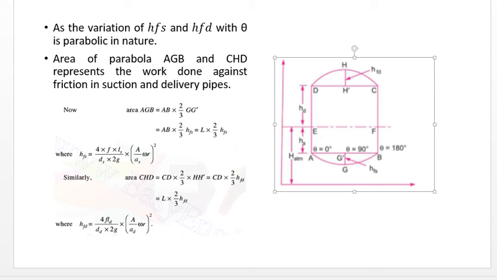HS dash is the value of HFD, that is the frictional head in delivery pipe. So you can write it L into 2 by 3 HFD. So this is the effect of the frictional head in suction and delivery pipe on indicator diagram.